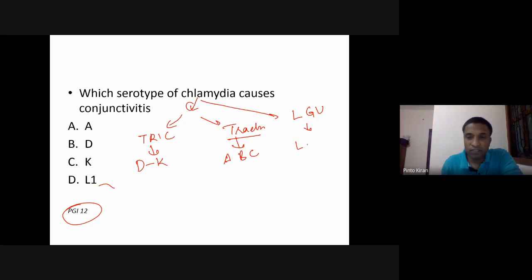This is because of L1, L2, L3. This serotype will cause lymphogranuloma venereum and also the ocular infection. You should remember, so the options are A, B, C, and D.